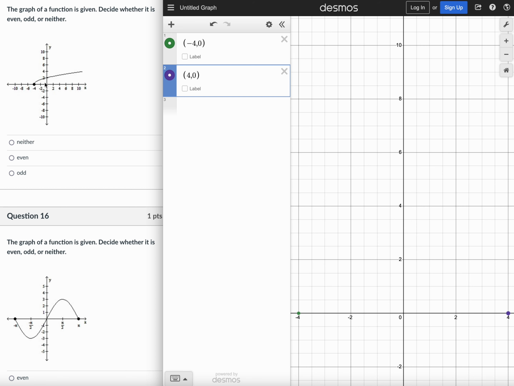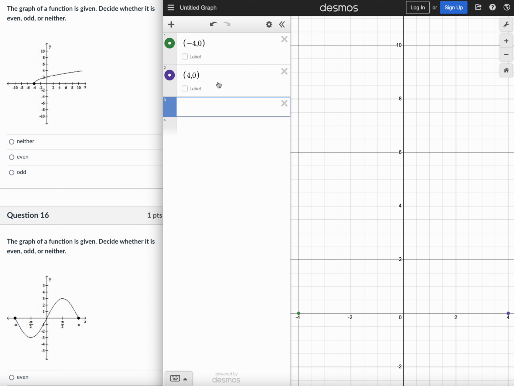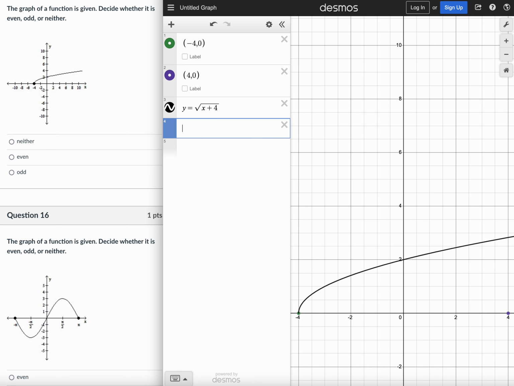So here, this function is actually what? Is actually y equals x minus 4, this one, plus 4. Okay.